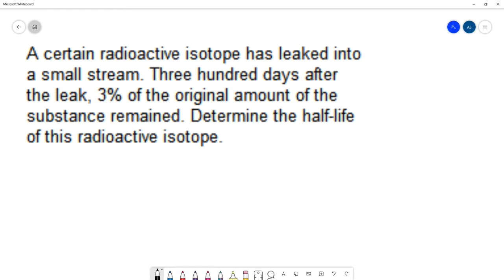So let's first write out what formula we're going to be using. And that formula is A of t equals A naught e to the kt. We want to make sure we know what the components of this formula stand for. We have A naught, which is our initial amount or starting amount.